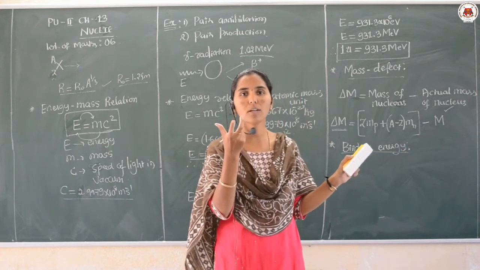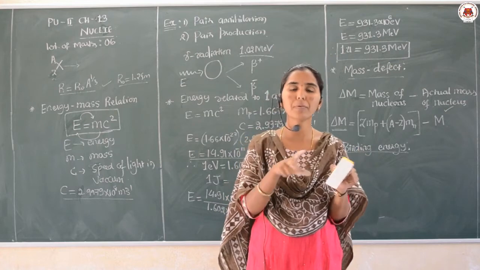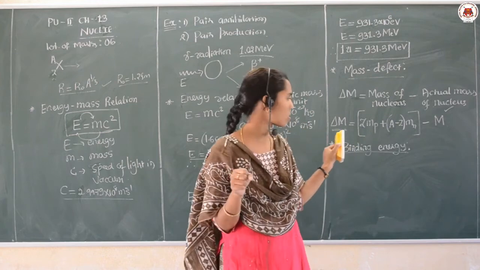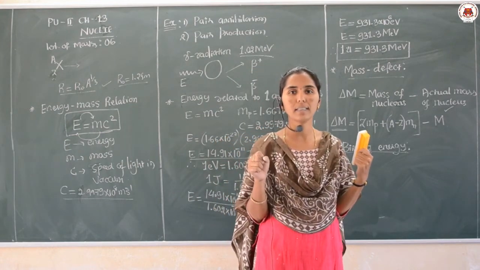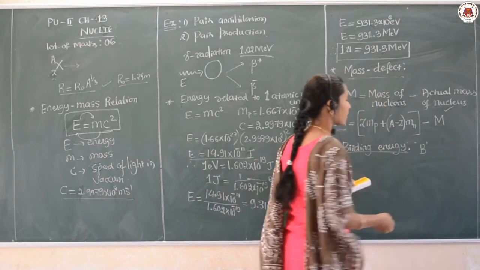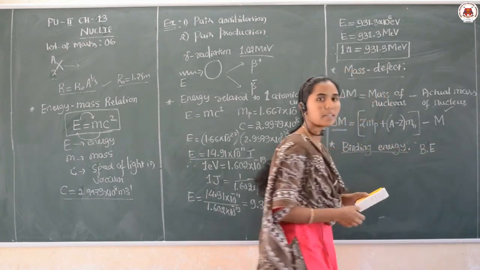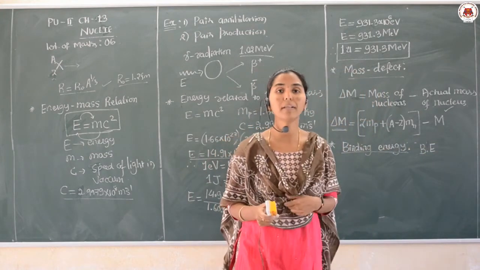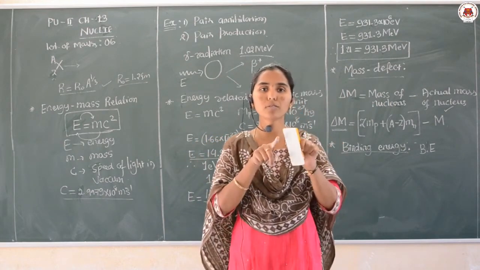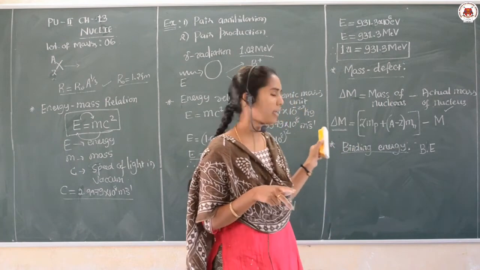If you want to separate the nucleons of the nucleus, then that energy required is called the binding energy, and it is denoted by the letter B here, or Be, that is binding energy. The amount of energy required to separate the nucleons inside the nucleus is called binding energy.